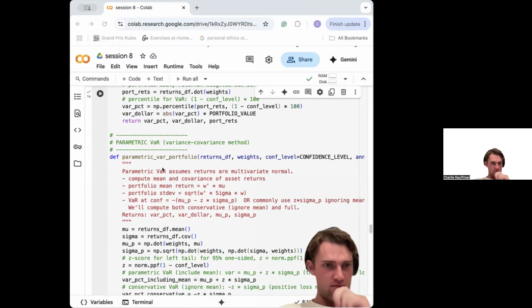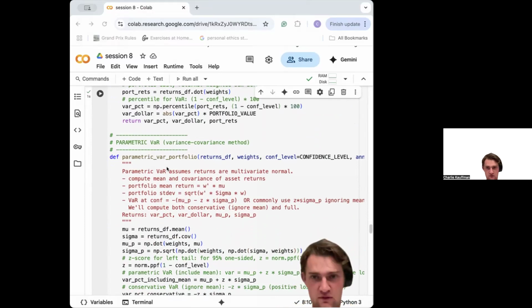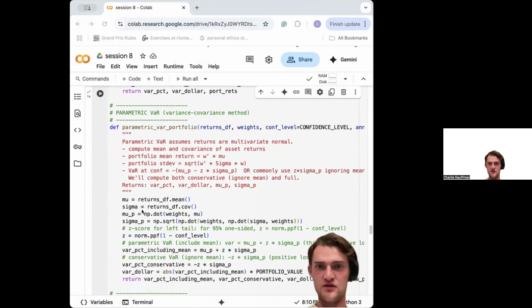And then this one, parametric VaR portfolio. Oh, it tells you right here. So this calculates mean returns, the covariance, the portfolio mean, which is this one, and then the standard deviation, which is this one, and then a Z score for that confidence level right here.